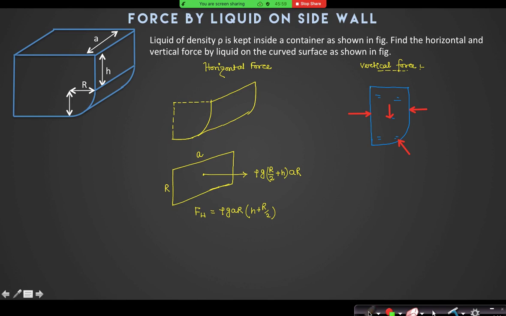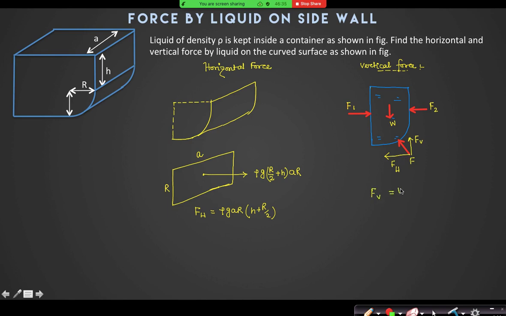You can see very easily that whatever may be these forces F1, F2, if I take the component of this force, one is Fh that I have already calculated, one is Fv that I need to calculate, and that is W. Horizontal forces are cancelling each other. I am not bothering about the horizontal forces. But what is the vertical force?